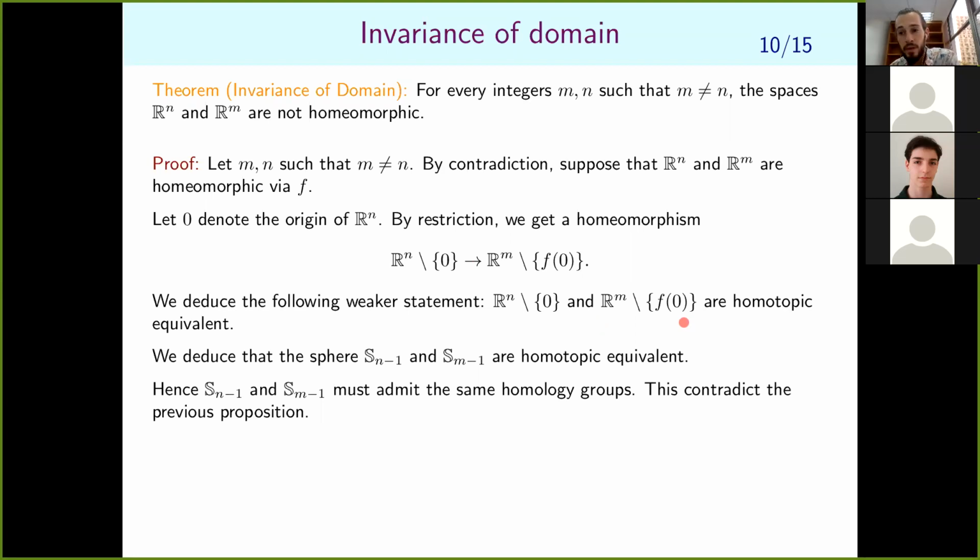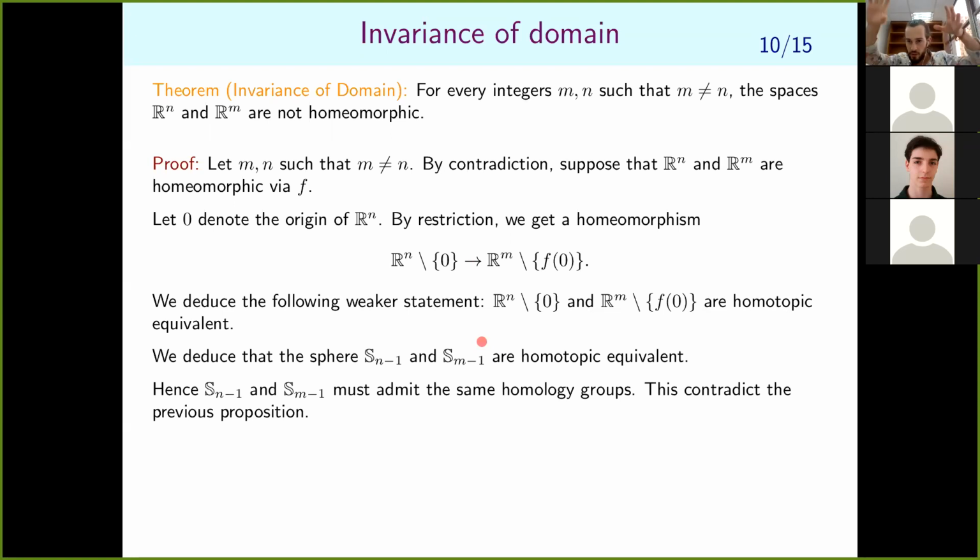But now, this is something that we've seen before. Rn minus the origin is homotopy equivalent to its unit sphere of dimension n-1. And Rm without the image, Rm minus any point actually, is homotopy equivalent to its sphere.